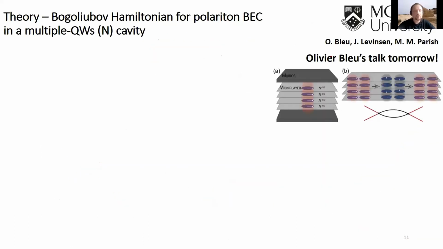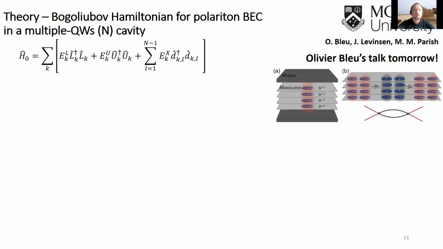And now to understand what is happening in the multi-layer cavity, which we are investigating, which has 12 quantum wells, we can start from an exact Hamiltonian, which Olivier will definitely talk about in more detail tomorrow, where coupling of light with multi-layers creates not only lower and upper polaritons, but N minus 1 combinations of excitons which are orthogonal to the light.